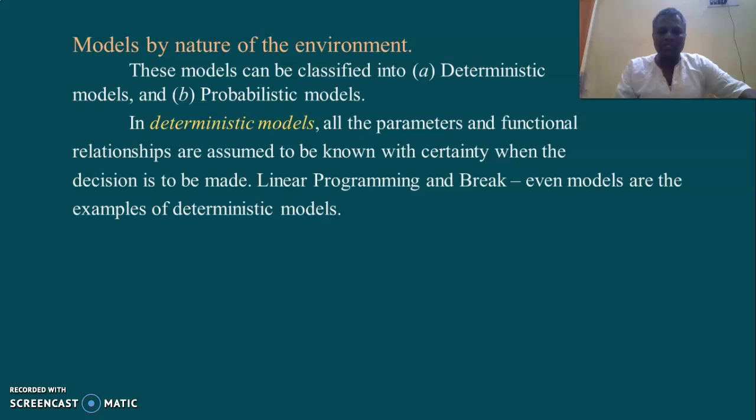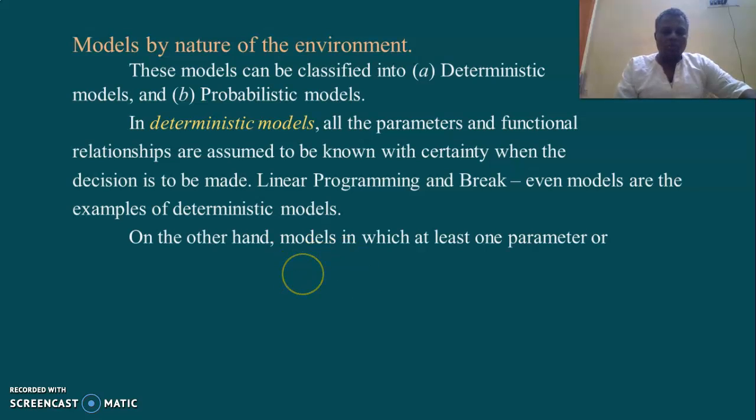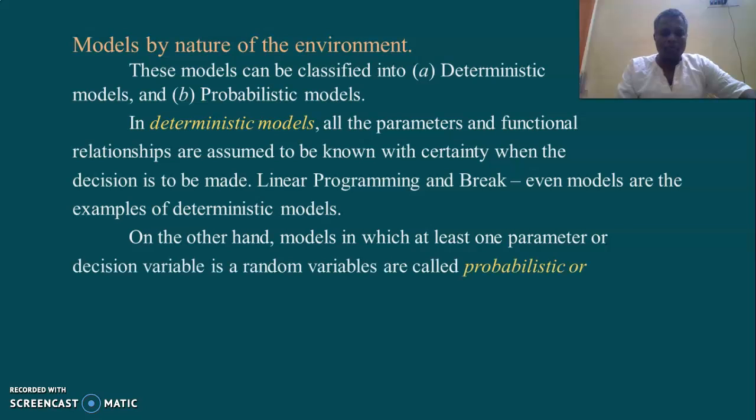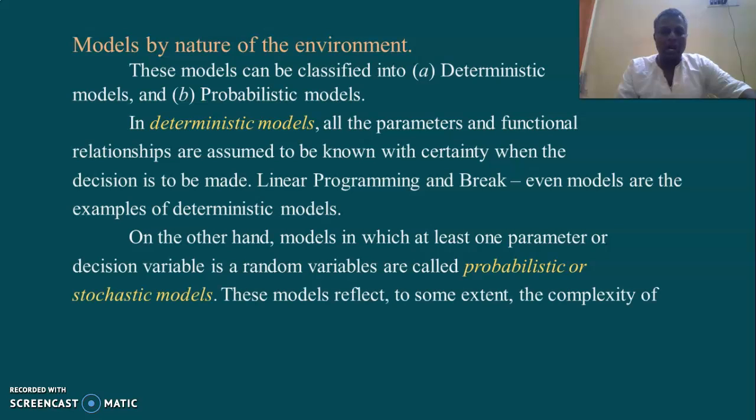Linear programming and break-even models are examples of deterministic models. On the other hand, models in which at least one parameter or decision variable is a random variable are called probabilistic or stochastic models. These models reflect to some extent the complexity of the real world and the uncertainty surrounding it.